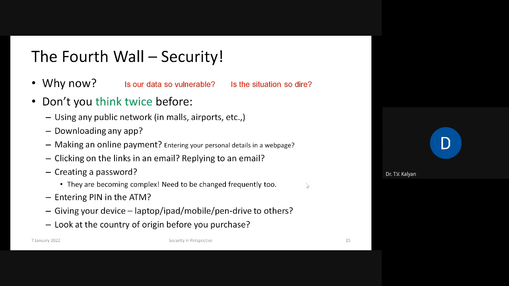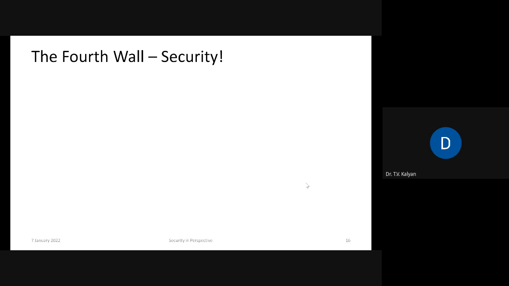And of late, because of the crisis with our neighboring country, we also check whether the product we are purchasing is from that country or not. So security is not new, but it is new in the context of hardware, or it has been there in hardware, but it was handled to some extent.